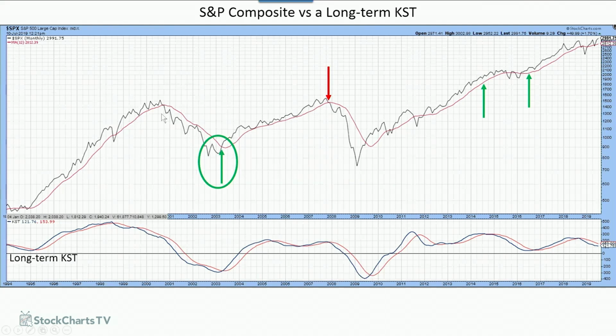We'd already experienced a 2-year drop between 2000 and October of 2002, or March of 2003, which is where this higher low is. And so we know where the S&P is. It's down here. But what were the various groups doing? By looking at the various industry groups and sectors, we can get a better appreciation of what the character of the market is and whether it's consistent with a bear market low.